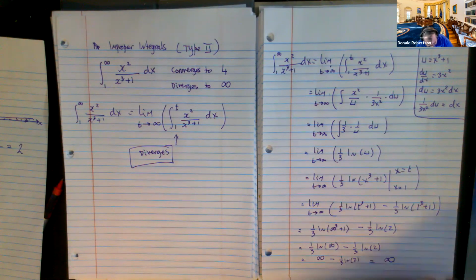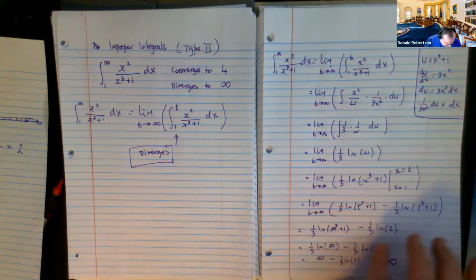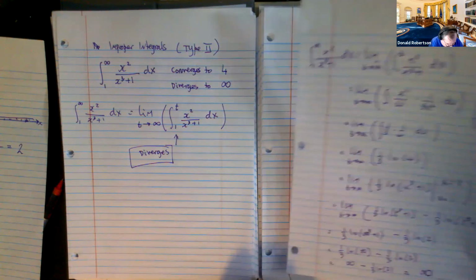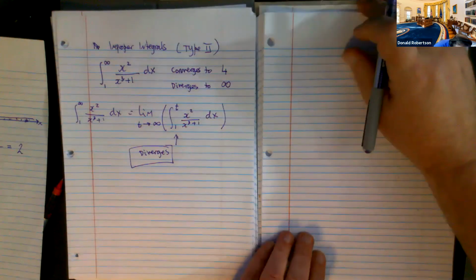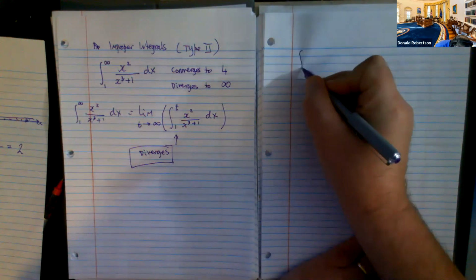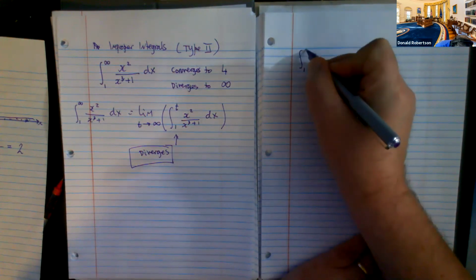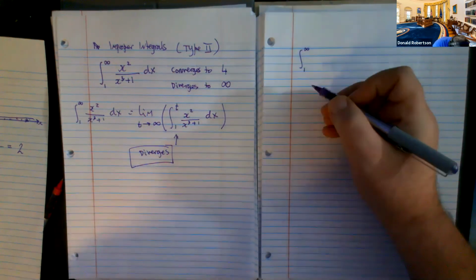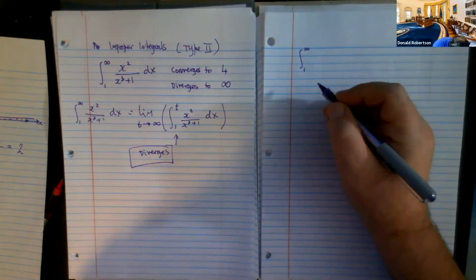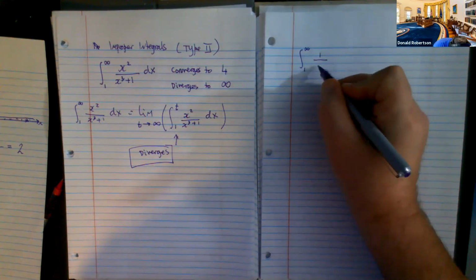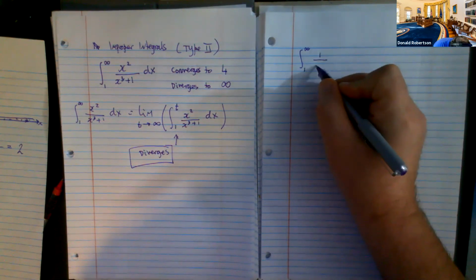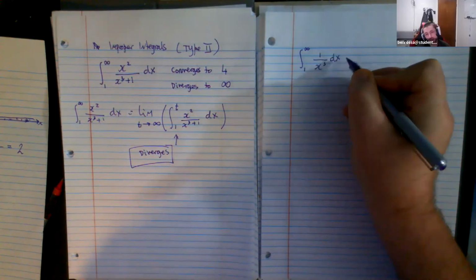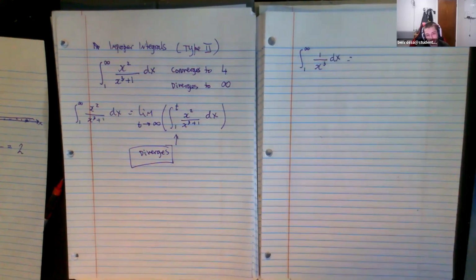Okay. So let's show you another one where it converges to a number. How about the integral from 1 to infinity? Shall we do it this time? So when we're doing these problems, we're just trying to figure out if it diverges or converges.